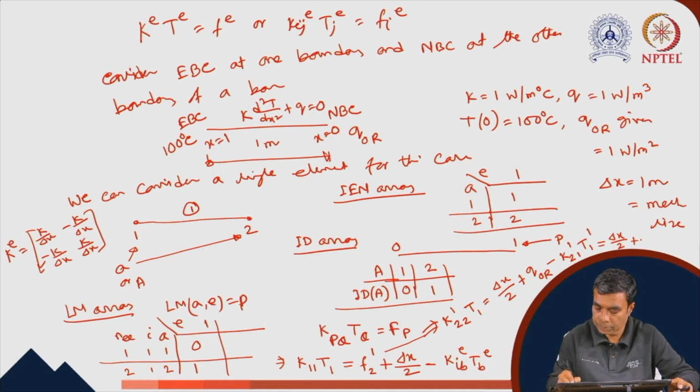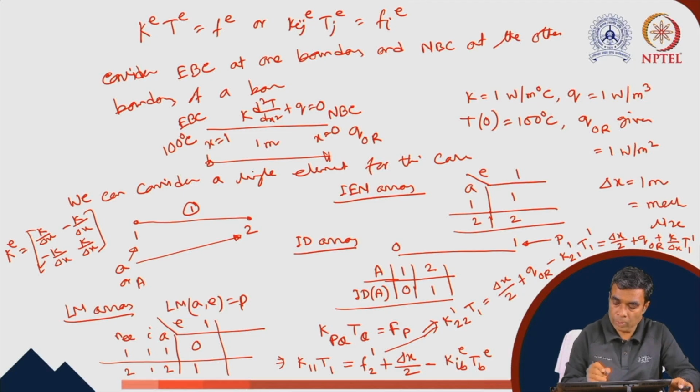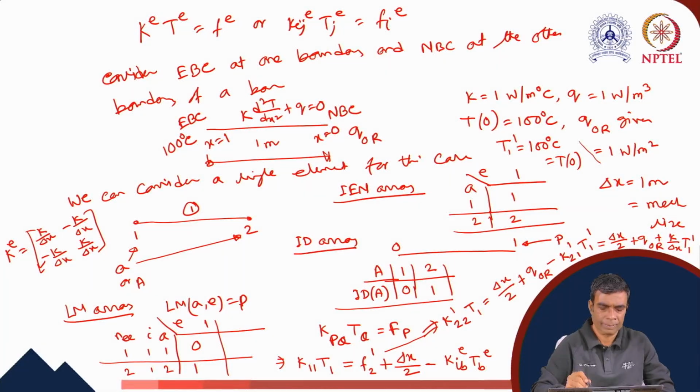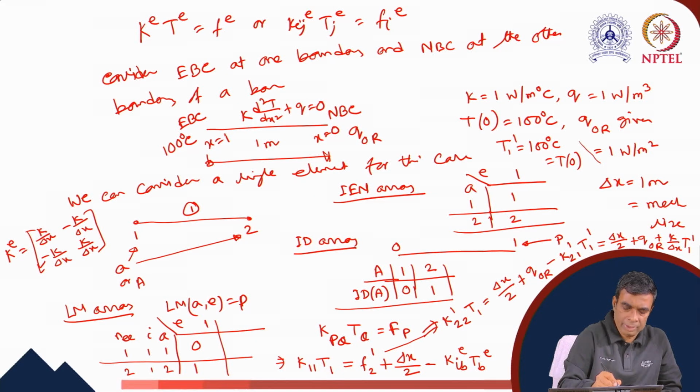So this is equals to delta x by 2 plus Q0R plus K by delta x T11. Now T11 is given as 100 degrees centigrade, equals to T0. So we can simplify this expression as, there was a small error here. So this is x equals to 0 and this is x equals to 1.